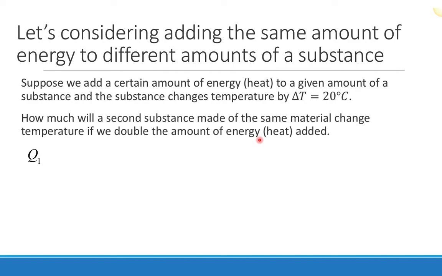So I know that for the first case, I have a certain amount of energy added, I have a certain amount of mass, and I have the specific heat of the substance, and I get a change in temperature of 20 degrees Celsius. In the second case, I am doubling the amount of energy I put in, so my Q value is twice as big, my mass stays the same, and my specific heat of my substance stays the same.